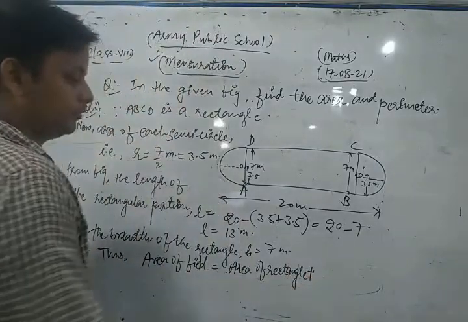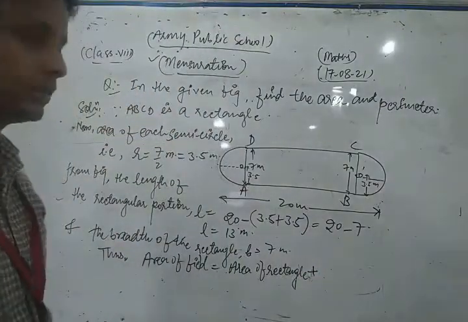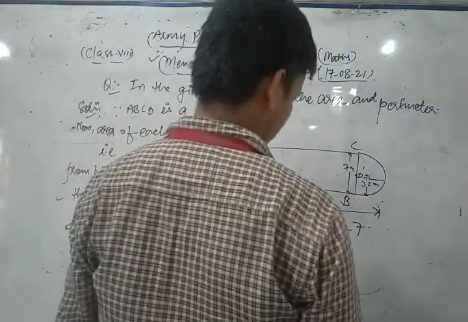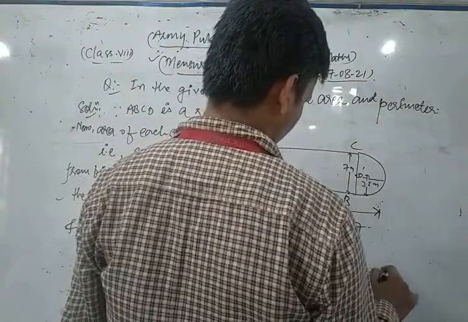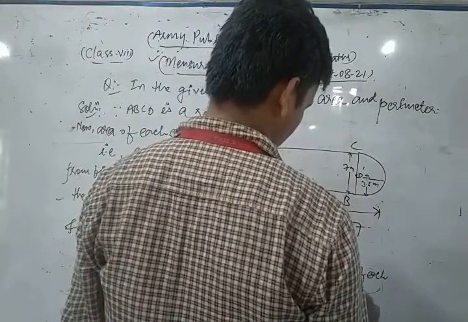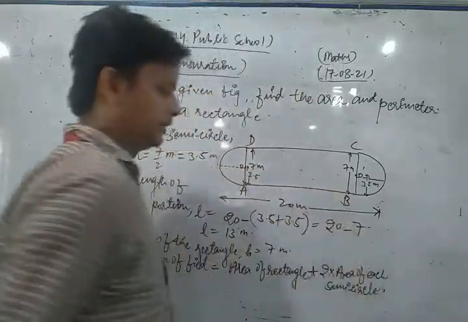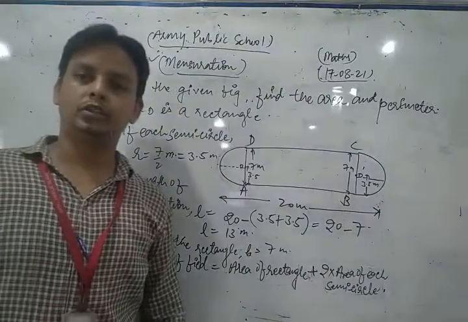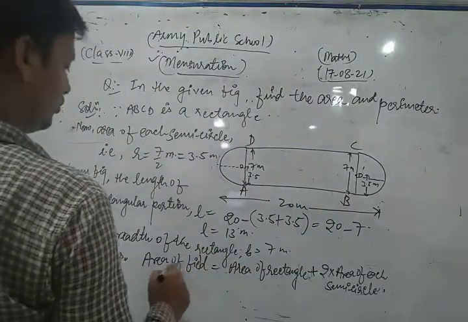plus, look, 2 times area of each semicircle. That is the area of the field.